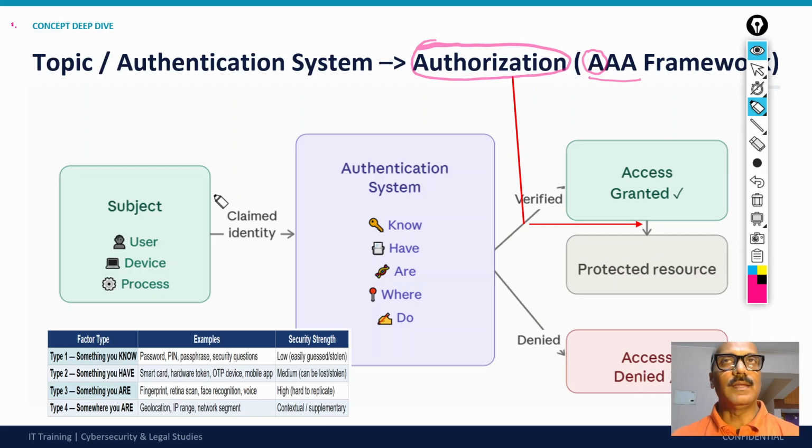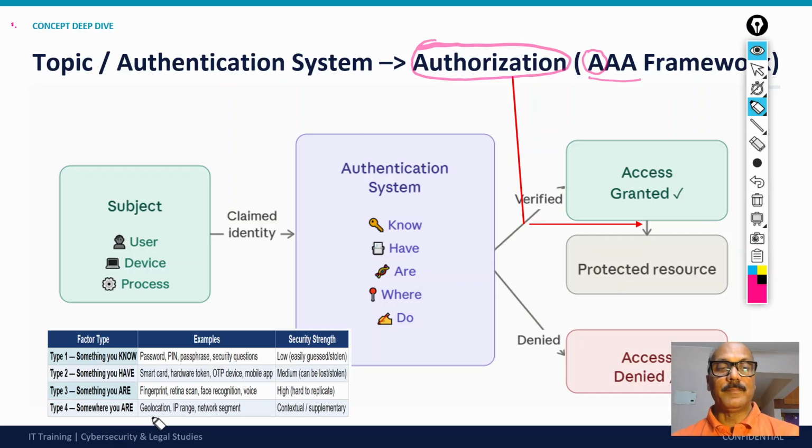Similarly, in the computer world, whatever they are claiming has to be identified. So how do they do it? By providing a password, that is something you know, or using a smart card, that is something you have, or using a fingerprint, something you are.